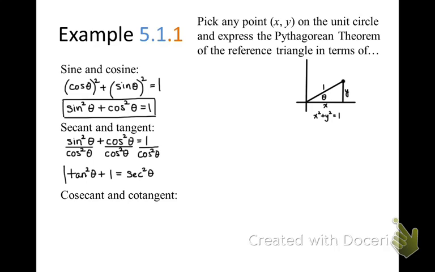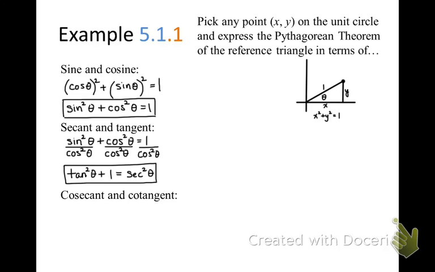So I've now written the Pythagorean theorem again in terms of two different trig functions. The thing to notice here is that in our very first, in our sine and cosine, we're adding the two trig functions to equal 1. Notice that down here, I'm adding the tangent onto 1 rather than the secant, and then that equals the secant. Do y'all see that? Kind of a different form here. This is going to have a similar form to this guy.